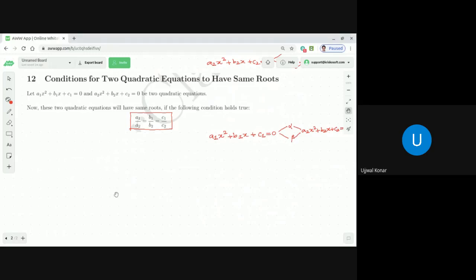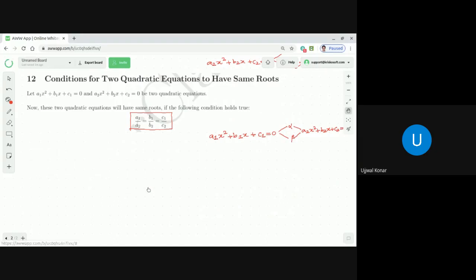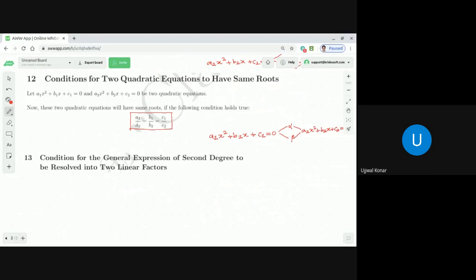Let me write it down, then explain it a little so that you get a clear idea about the general equation of second degree. The detailed discussion we will do when we discuss conic sections, including the circle.